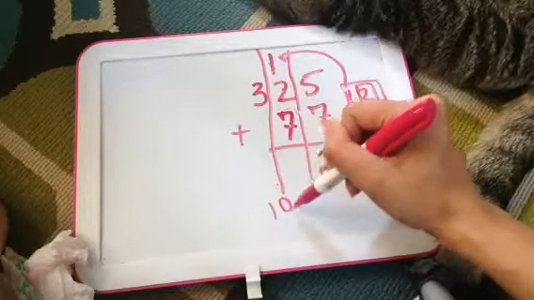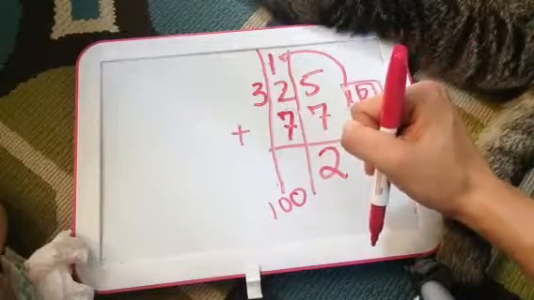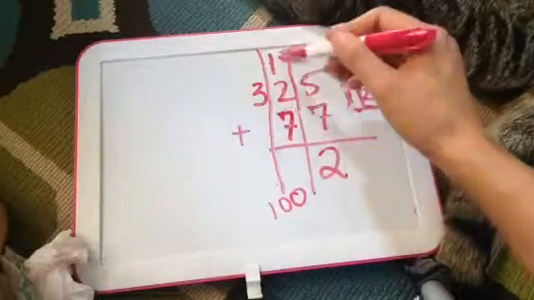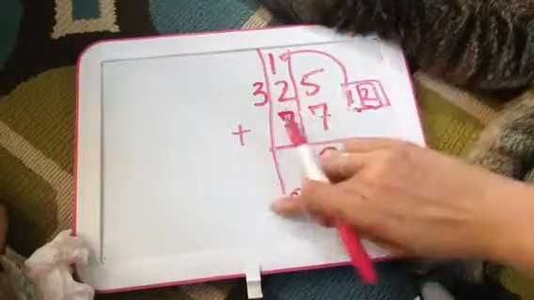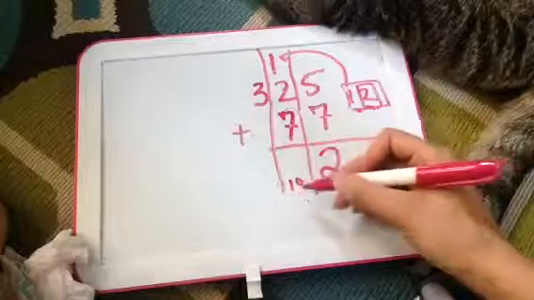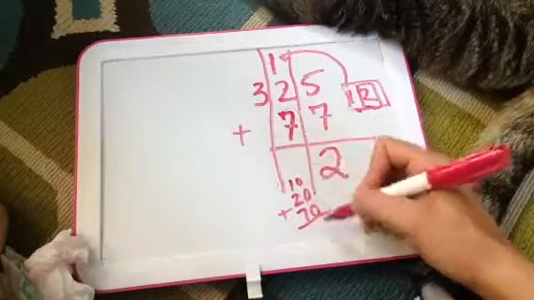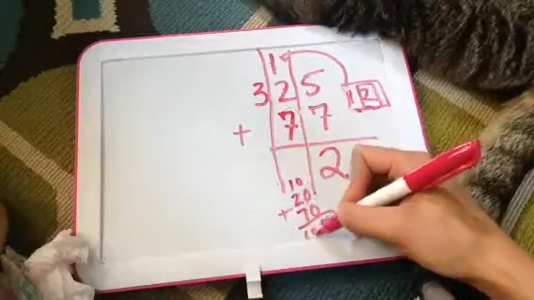So you're going to take, really what that is this, okay? Because these are not ones, these represent tens. So you're really saying 1 ten plus 2 tens plus 7 tens, right? That's what you're really saying.